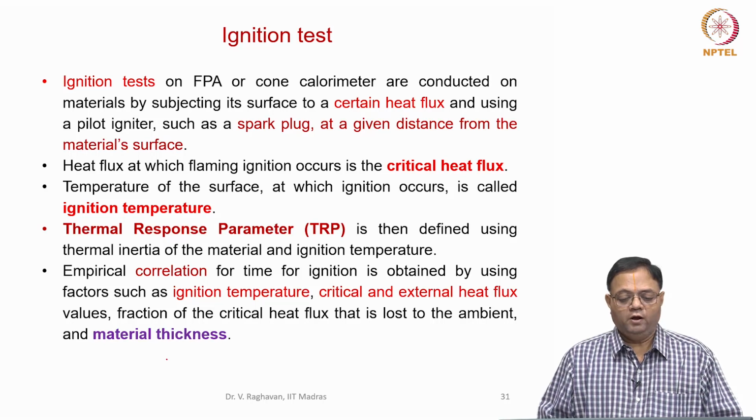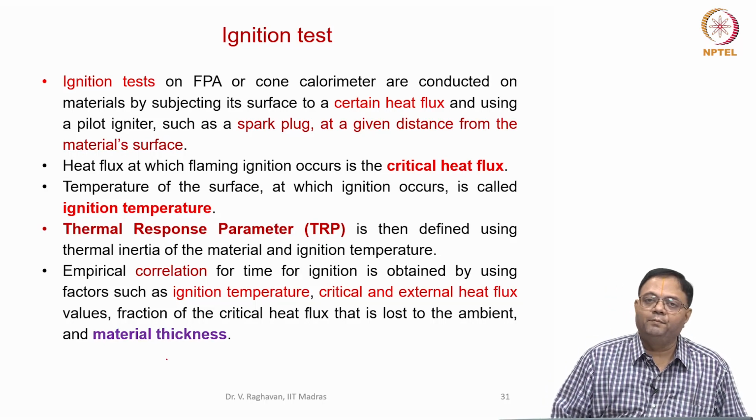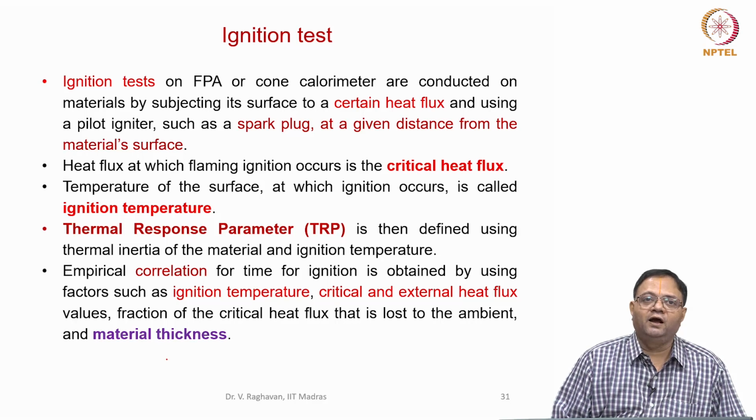Now, let us summarize what we have seen. Ignition tests can be conducted in the FPA or cone calorimeter, and as I told you, the material has to be heated to a certain level.